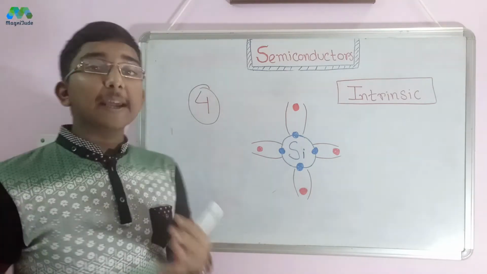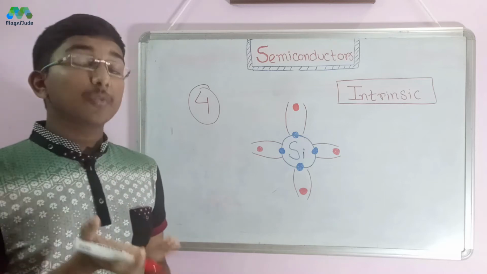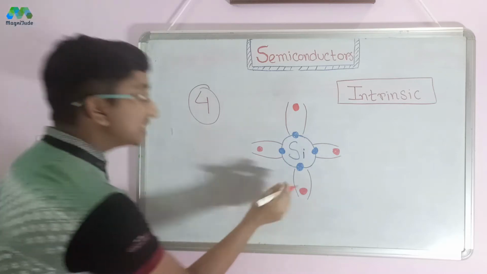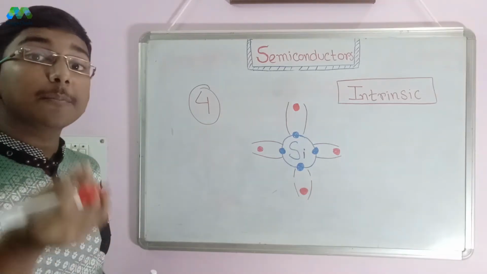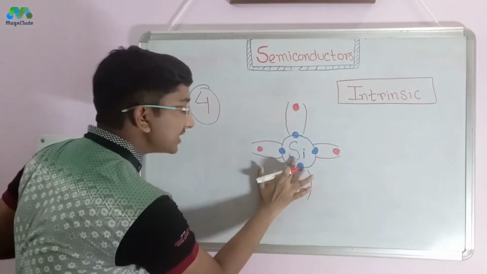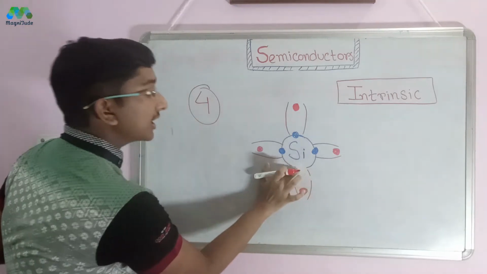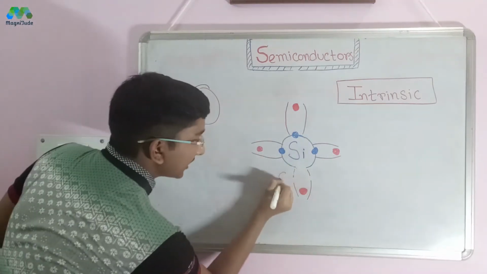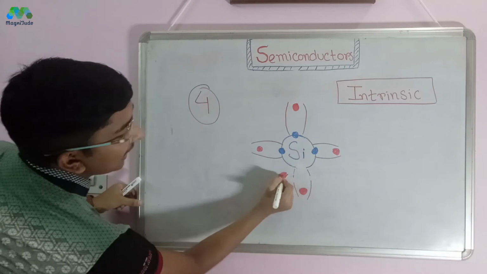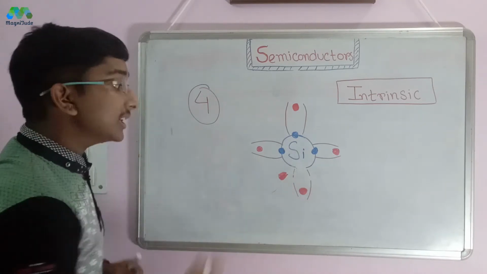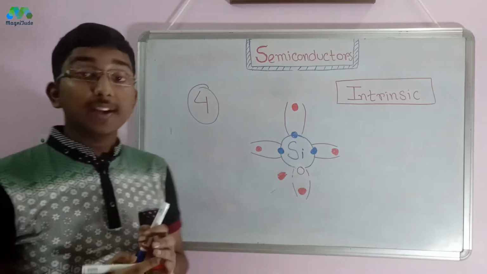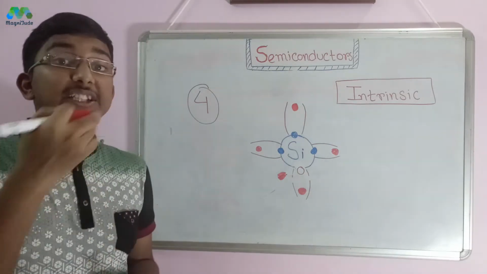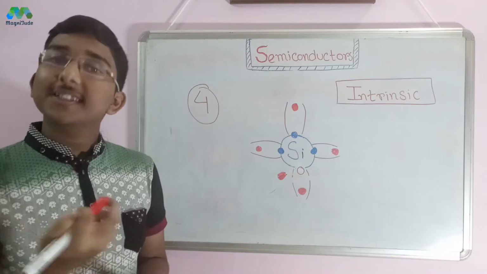When the temperature increases, this covalent bond will break, and then this electron will come out and come here. When this electron comes here, there will be a vacancy, and this vacancy is known as a hole, because we know that the deficiency of an electron is known as a hole.